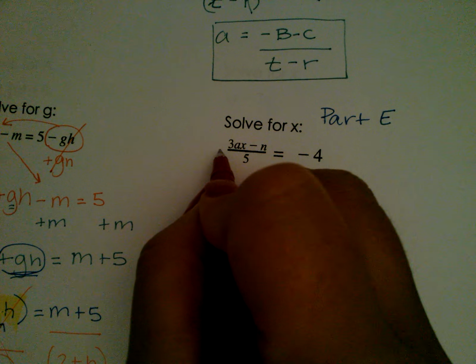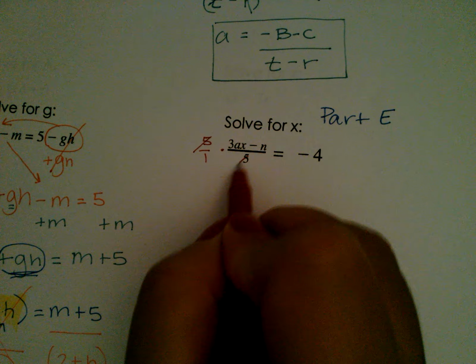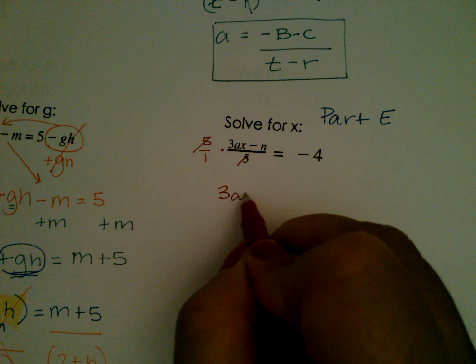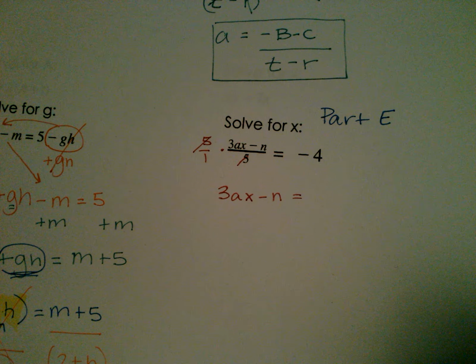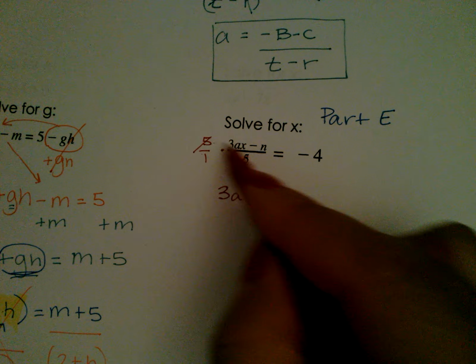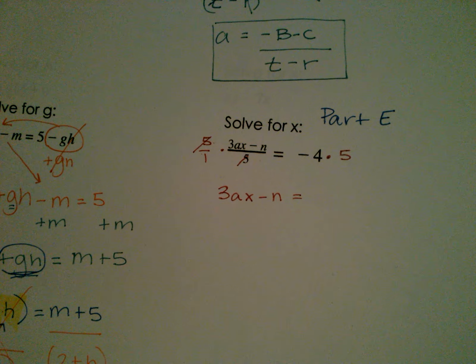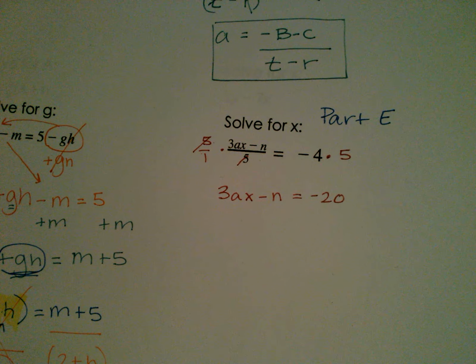To do that, I will multiply by 5, cross reduce or simplify, and I have 3 times ax minus n equals, well, if I take that side times 5, I need to multiply the right side by 5 to get negative 20.